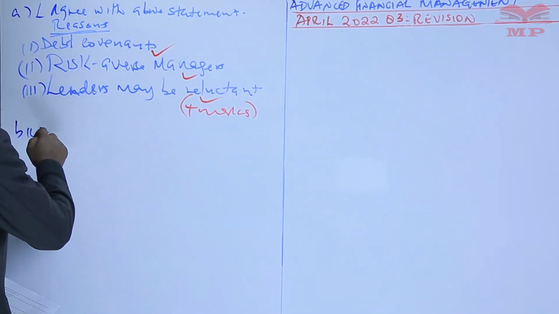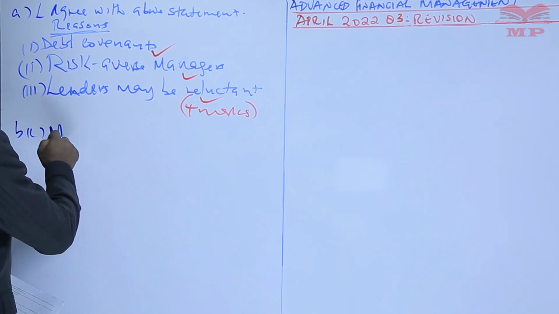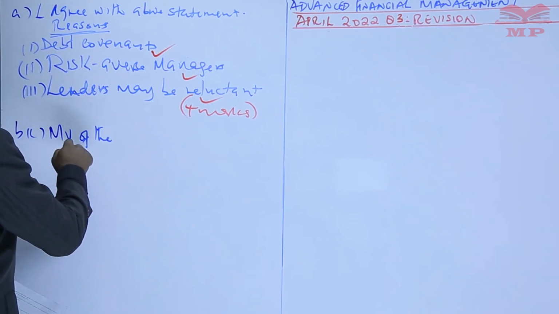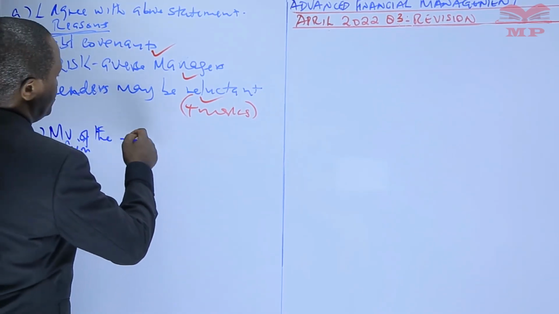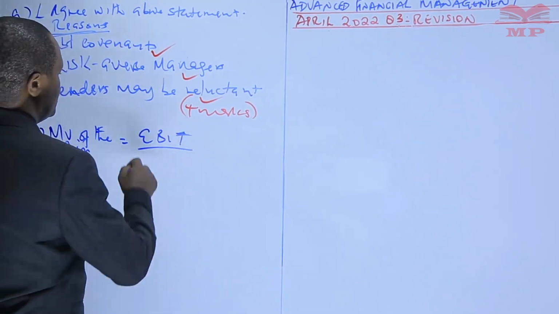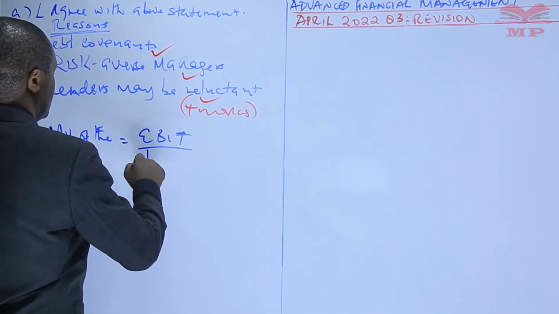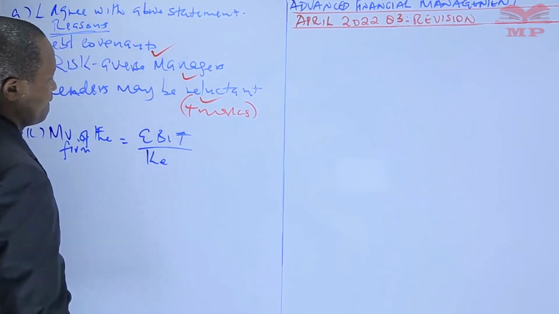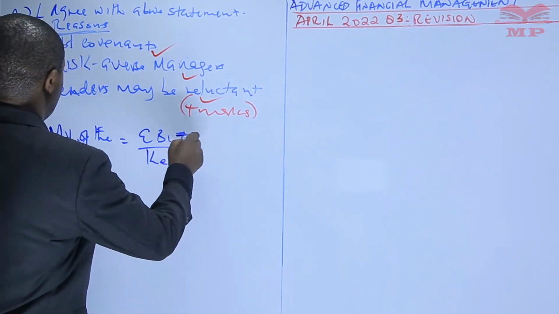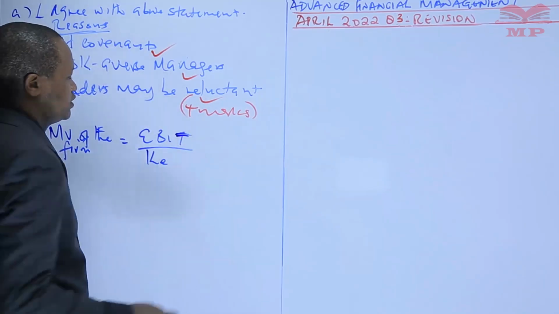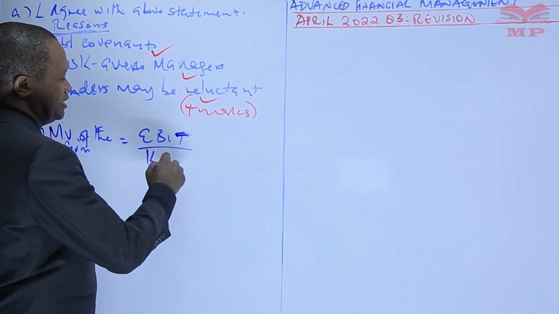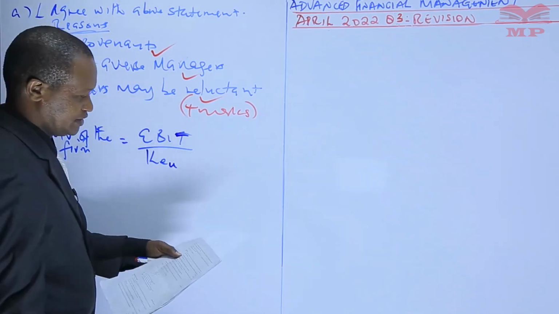So the market value of the firm, we know the formula is EBIT over the cost of equity, and this is the cost of equity of the unlevered firm. This firm is unlevered.